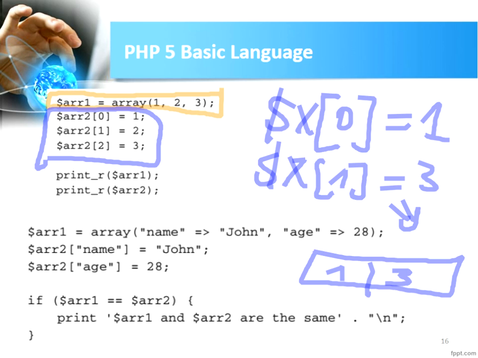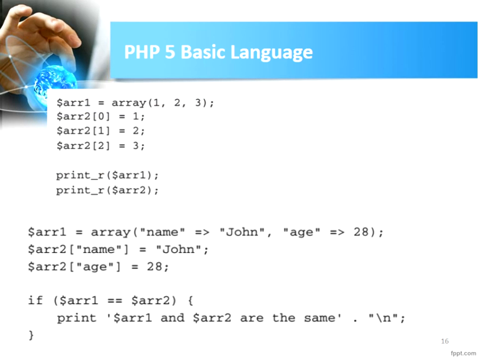print_r is a predefined function in PHP, and print_r produces output readable by humans, that means it displays information about a variable in a way that is readable by humans. For example, in our example here, when I write print_r of array 1, the result will be like this.